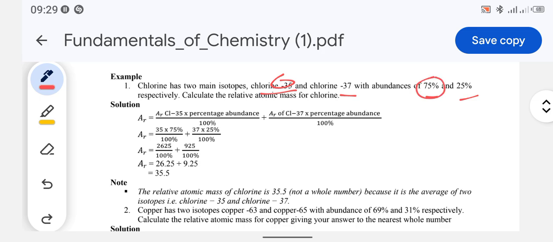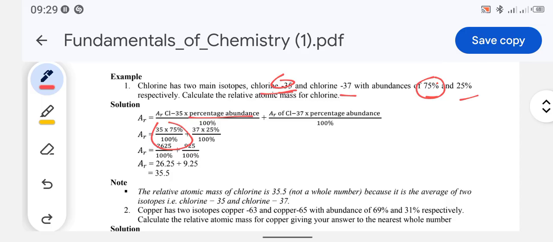So we're going to multiply 35 by 75. Why? Because 35 is the mass number of the chlorine isotope, and 75 is the percentage abundance. That's why we have multiplied 35 and 75. Then of course you need to divide by 100.